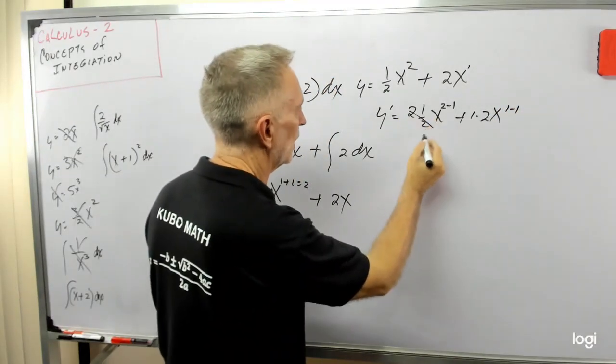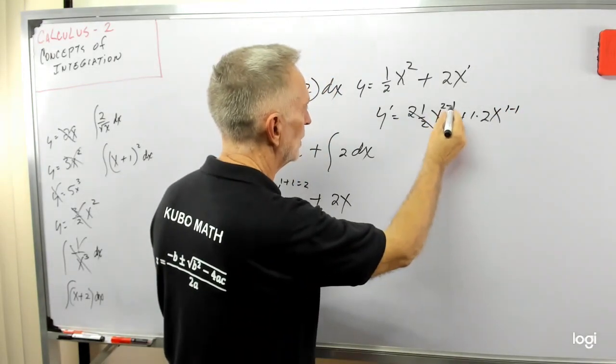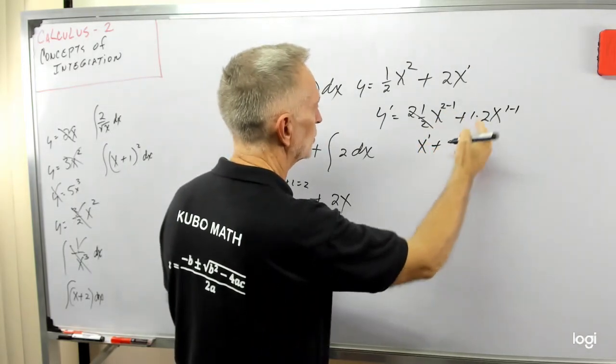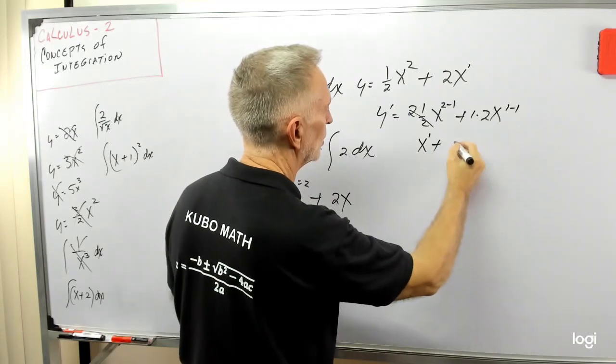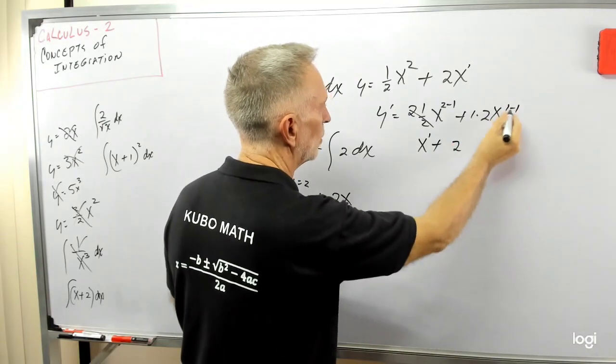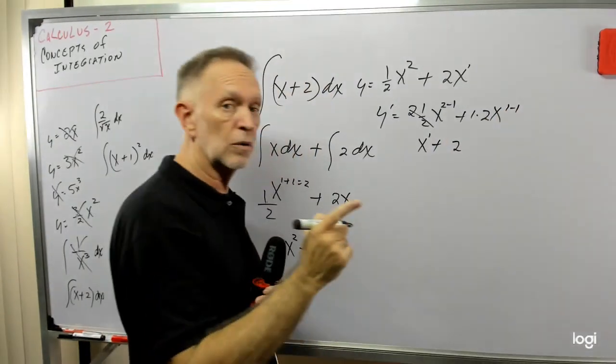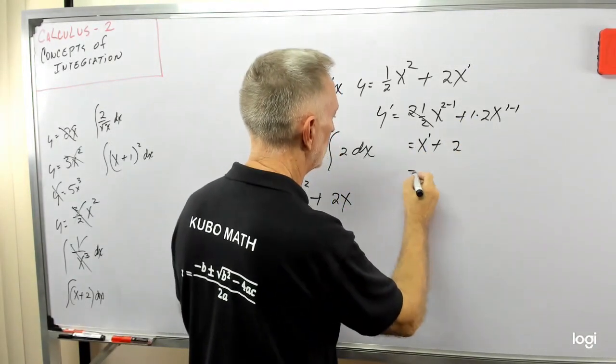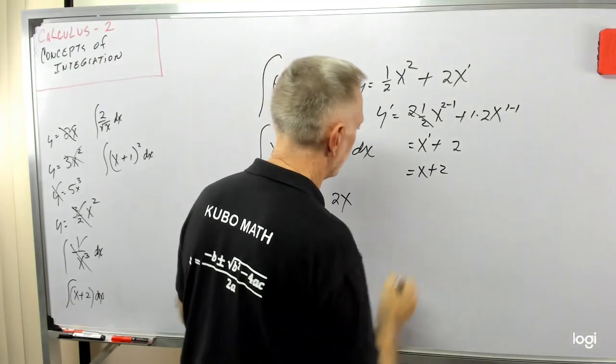So my 2's cancel, x to the first power, plus 1 times 2 is 2, x to the 0, 1 minus 1, x to the 0 is 1, so 1 times 2 is 2. So I ended up with x plus 2.